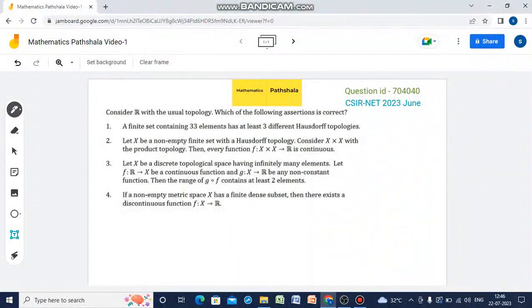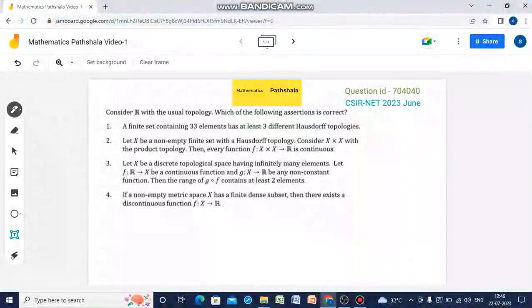So to prove this, we need to note that any T1 topology on any finite set will be equal to the discrete topology. So let us first prove that result.